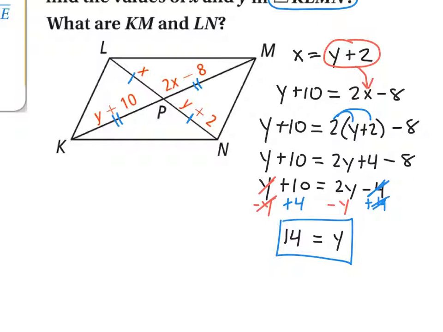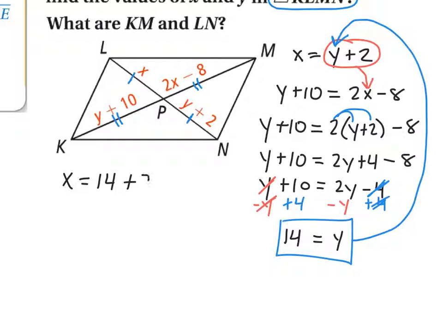Well, that's good. I found y, but now I need to find x. So I take that value of y I just found, and I plug it in for y up in that equation that says x equals 14 plus 2. That's great. We did most of the work.